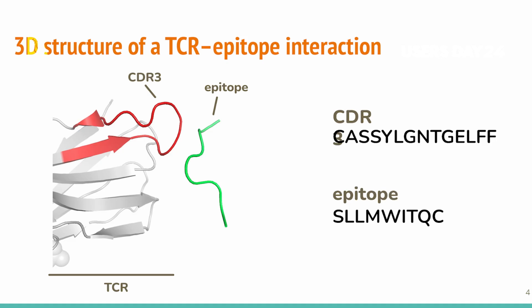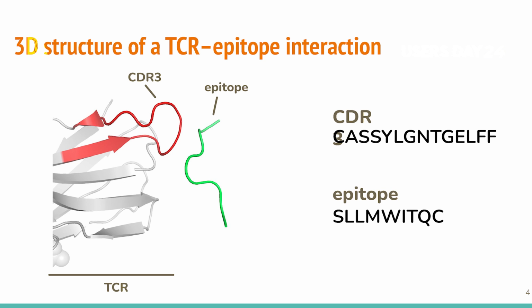If you look a bit in more detail at the interaction that happens when they bind, on the left is just a small part of the T cell receptor from the T cell, and we have one important region, the CDR3 region, that we know is always in very close contact with the epitope.